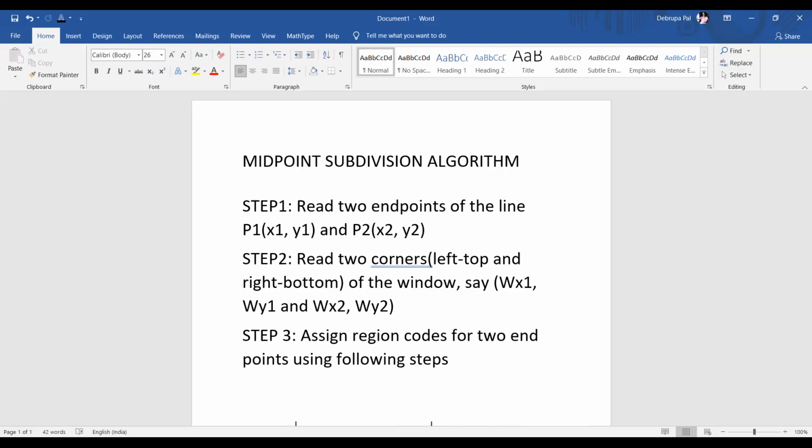What are those? Initialize the code with bits 0000. Now we will say set bit 1. Set bit 1 means the value of bit 1 will be 1. What is the condition? If x is less than WX1.